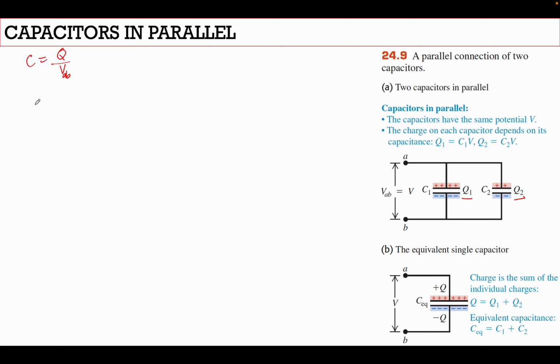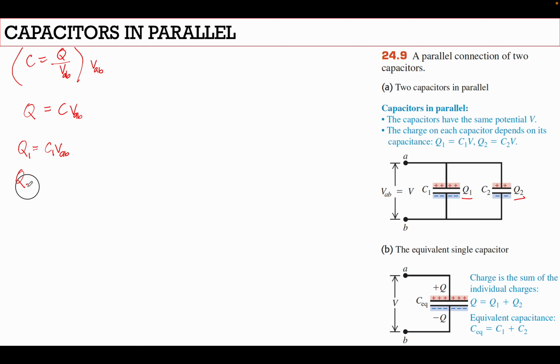So to solve for the charge Q1, we multiply both sides with VAB. So we have Q is equal to C times the potential difference. So Q1 is equal to the first capacitor, C1, times VAB.